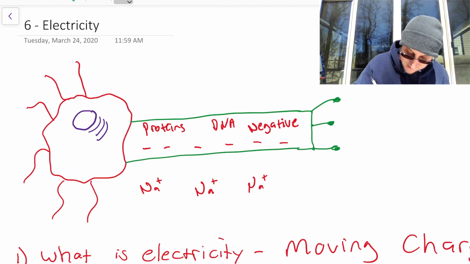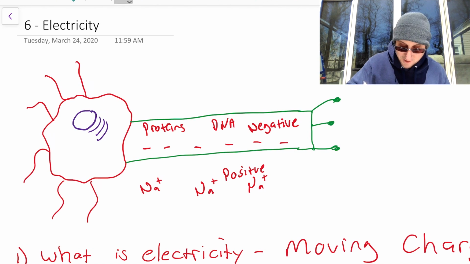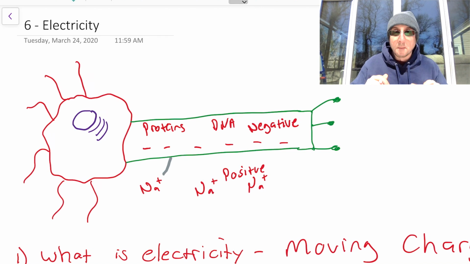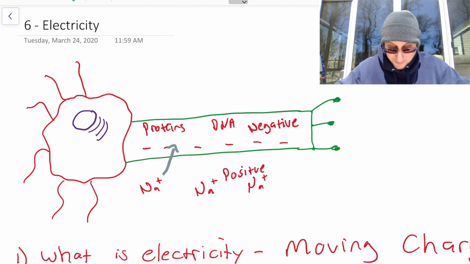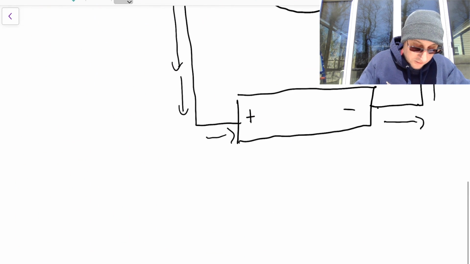So we could say it is positively charged, right? And if we could just get those sodium ions to go across, whoop, boom, you did it. You made an electrical impulse. All right, so what is that electrical impulse called? We call that an action potential.